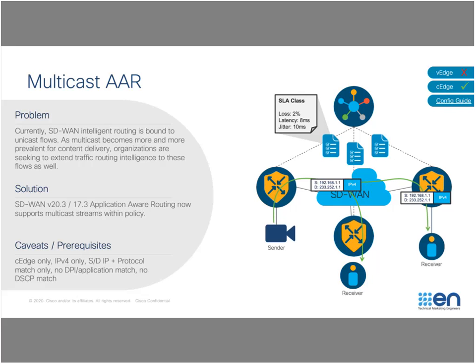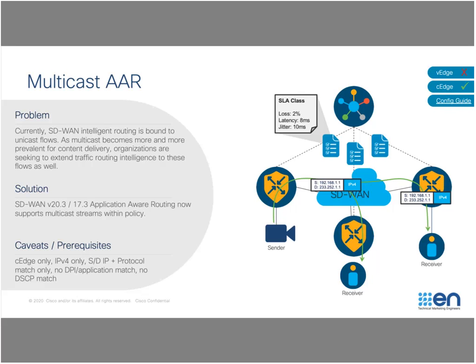Version 20.3, however, is extending the multicast capability to also include intelligent routing, right? So now with version 20.3, you can actually create SLA classes with your application or routing policies within SD-WAN, and you can intelligently route multicast traffic based on those AAR policies.